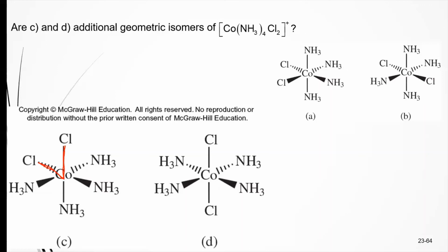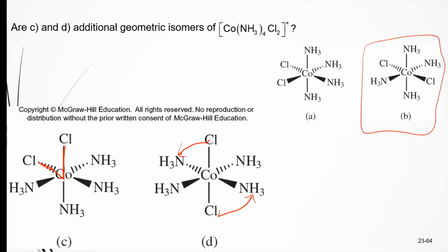On this side, if we were to rotate this chlorine to swap with that one and this chlorine to swap with this one, you can see we would end up in the same arrangement as B in the trans position. Our chlorines are across from each other.